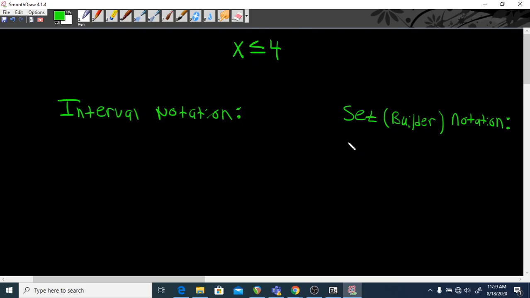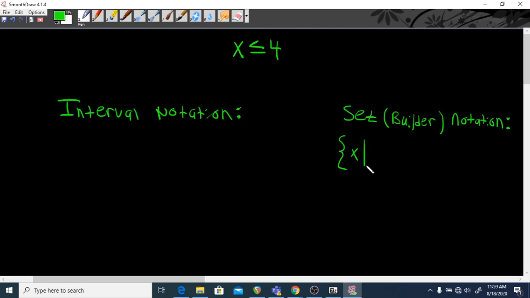And over here in set builder notation, what we do is we put the whole thing in braces. So to write this statement in set builder notation, we say it like this: it's the set of, that's how you read this left brace, the set of all X, and then such that.